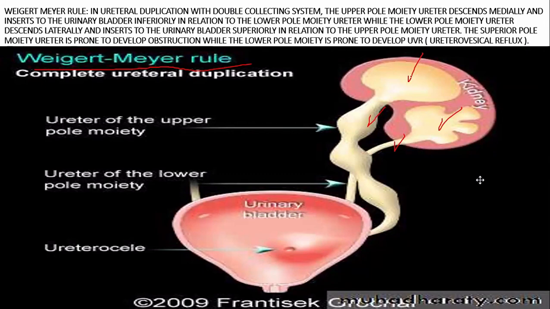So the superior pole is prone to obstruction and the development of ureterocele. Di ba? It's superior, mahilig mong obstruct. The lower pole is the ureterovesical reflux. So don't forget about that, because it will appear in the board exam. It appears usually, the Weigert-Meyer rule.